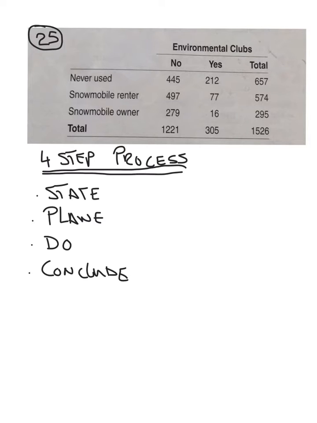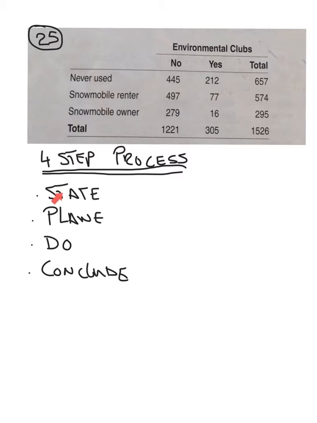Here we are on page 25, and this is number 25. Now, this is our first question where they ask us to do the 4-step process. Okay, 4-step process is state, plan, do, conclude.